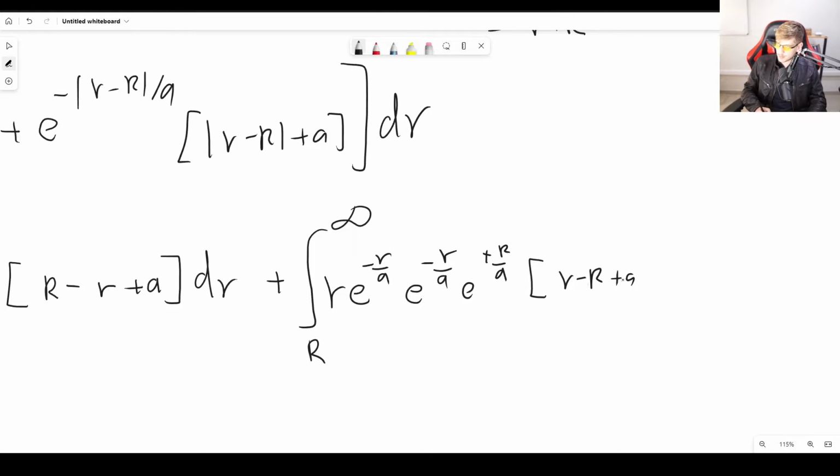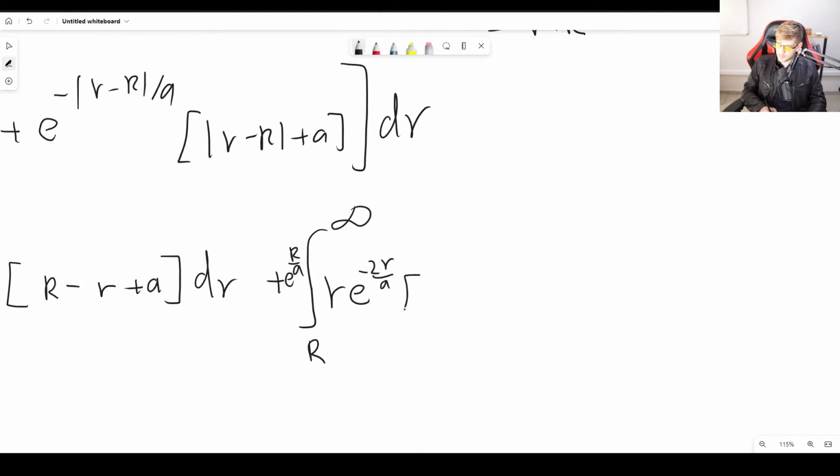So r minus r plus a, dr. Okay, so the constant can go out here, e to the r over a, and just as before, this will simply be e to the minus 2r over a, and just rewrite everything here.